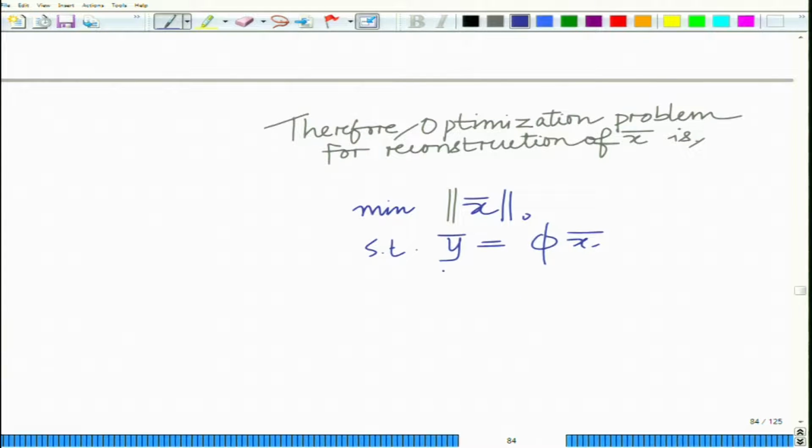Y bar is the observation vector, phi is the sensing matrix, and x bar is the vector that we are trying to estimate. This is what we mean by enforcing sparsity, because we are minimizing the L0 norm, that is, minimizing the number of non-zero elements. So, this is the relevant optimization problem.